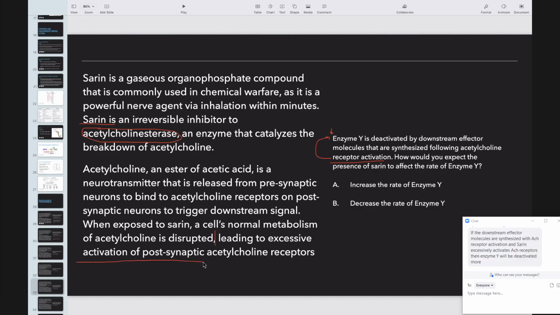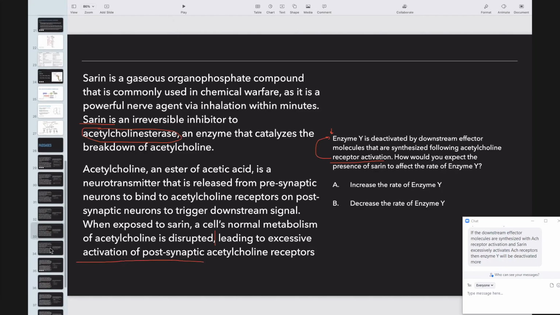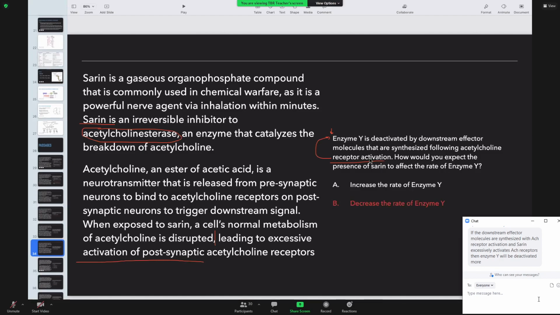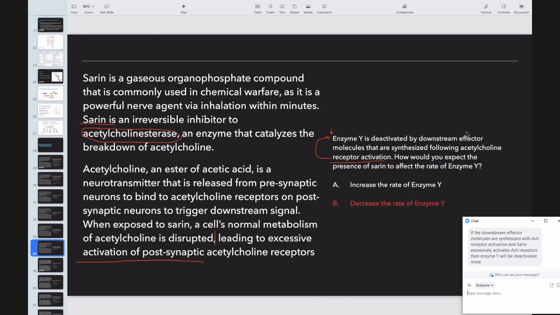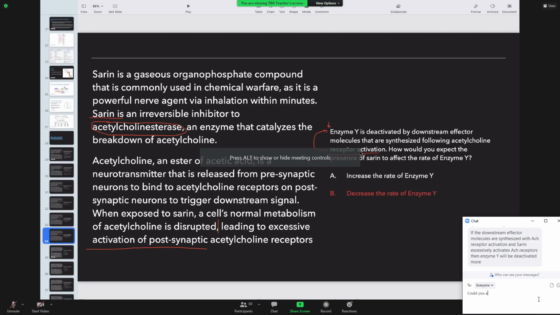If you have acetylcholine that's still there, you're going to have more downstream effectors that are synthesized following the receptor activation. So if you have more signaling, you'll have more of these downstream effector molecules, and these downstream effector molecules deactivate enzyme Y. You'll also decrease the rate of enzyme Y.